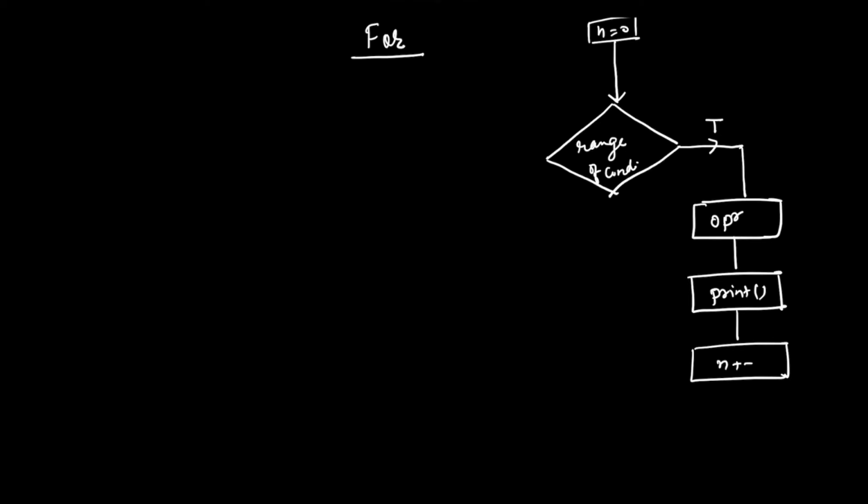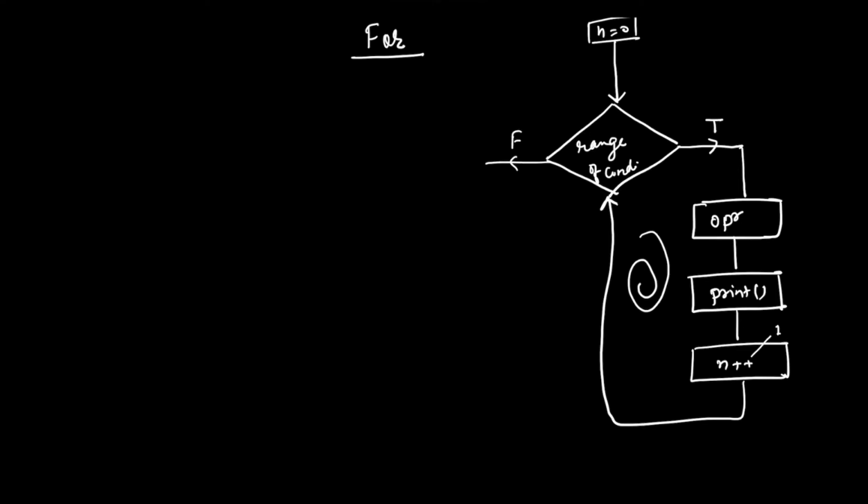It does n plus plus, so n becomes 1 after executing this, and again it goes back to the condition and checks the range. If it is true it keeps on repeating itself. But if the condition is false, if it is out of range, it will come out of the loop and execute the next line.